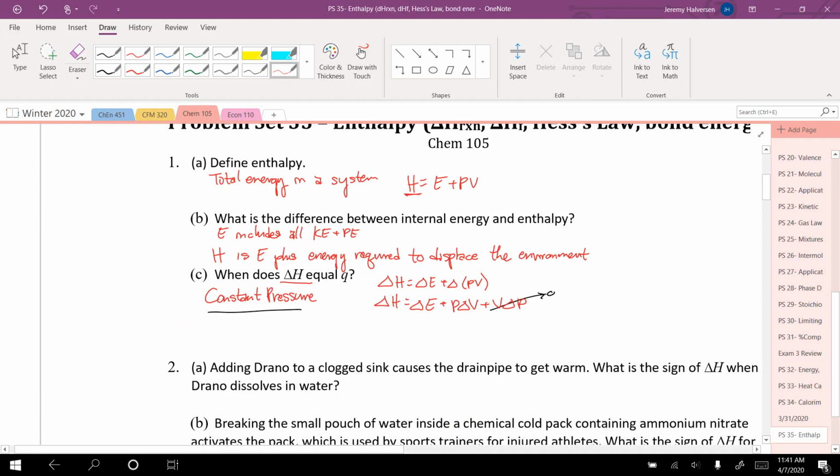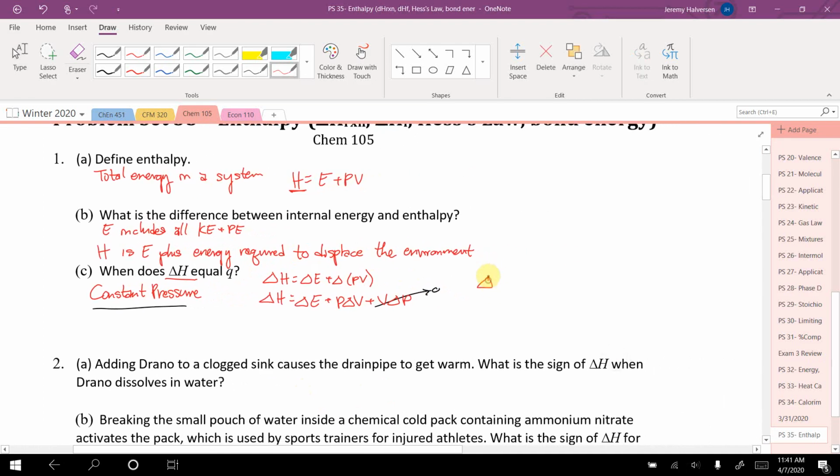And the other thing I need to add in here is to say we know that delta energy is Q plus W, which is the same as Q minus P delta V. So I can plug that in for E, and I get delta H equals Q minus P delta V plus P delta V. And you can see that those P delta V's will cancel, and I get delta H equals Q.